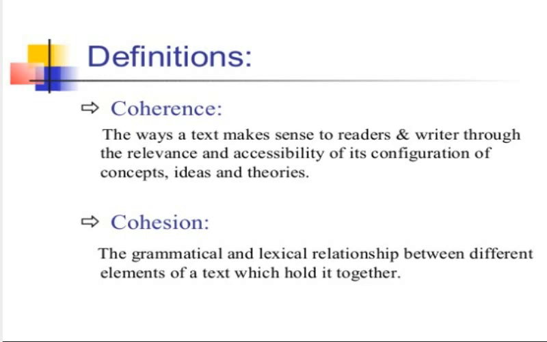Coherence is the way a text makes sense to readers and writers through the relevance and accessibility of its configuration of concepts, ideas and theories. Cohesion is the grammatical and lexical relationship between different elements of a text which hold it together.